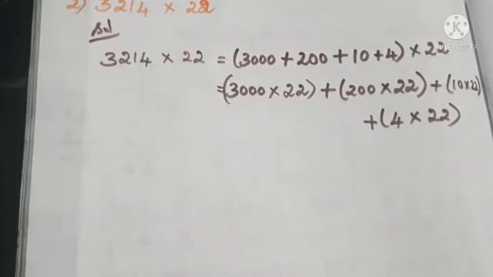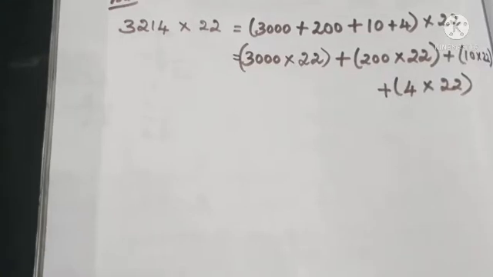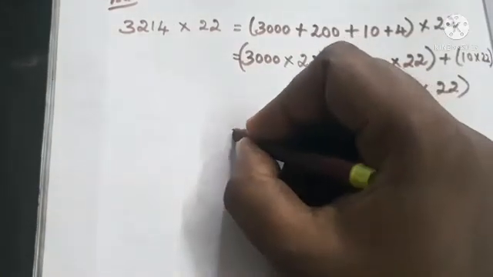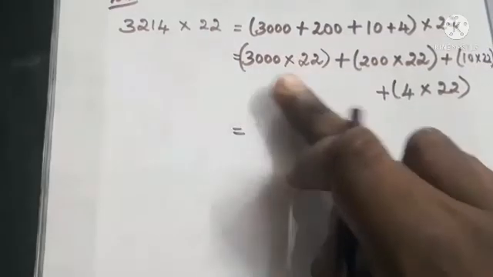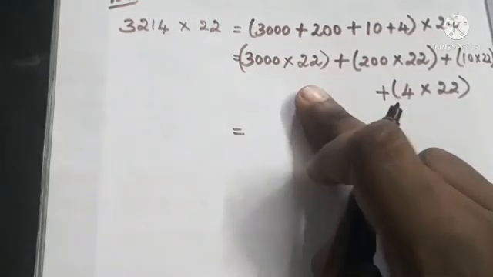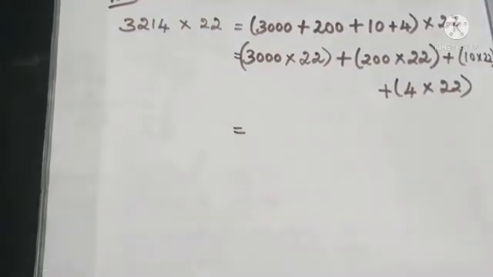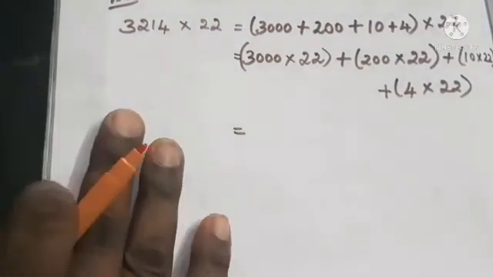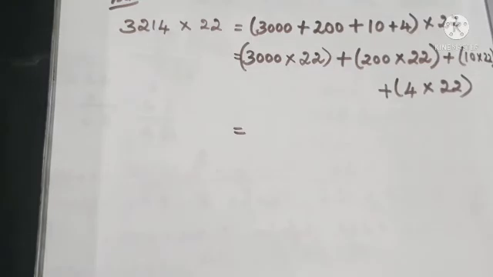Next we are going to multiply each number by 22. So that is equal to, first we have to multiply the 22 by 3. Just we can do the rough work. You want to do the rough work at the right side of the booklet.